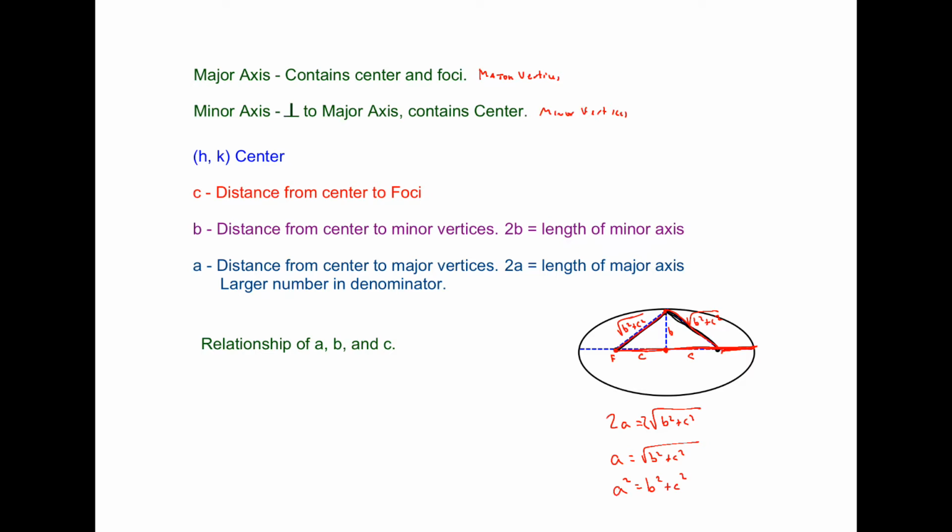So there's a relationship between A, B, and C. We're going to write this as C squared is equal to A squared minus B squared, because in most cases we have the equation with A and B in it and we don't have C, we're just rewriting it so that we can find the C value. But we all know that A is that largest length there, so C squared is equal to A squared minus B squared is that relationship.